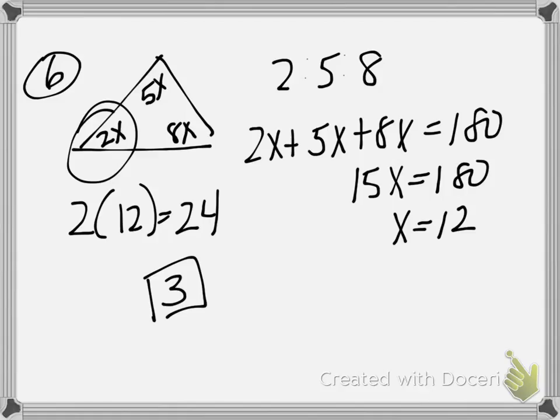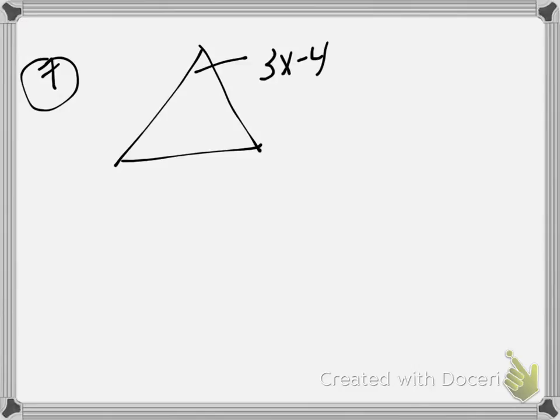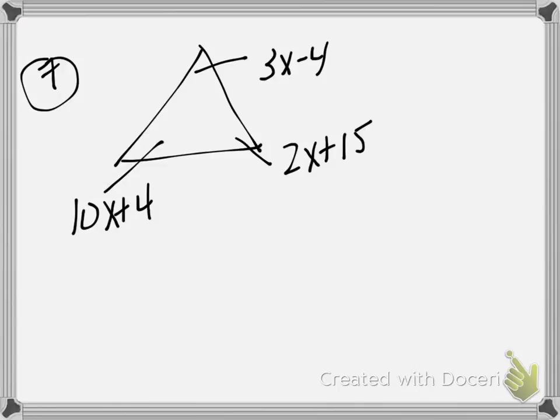And finally, the last one, number 7. Okay, so we have, again, a triangle, and this angle, or any angle, is 3x minus 4. This one is 2x plus 15, and this one is 10x plus 4.